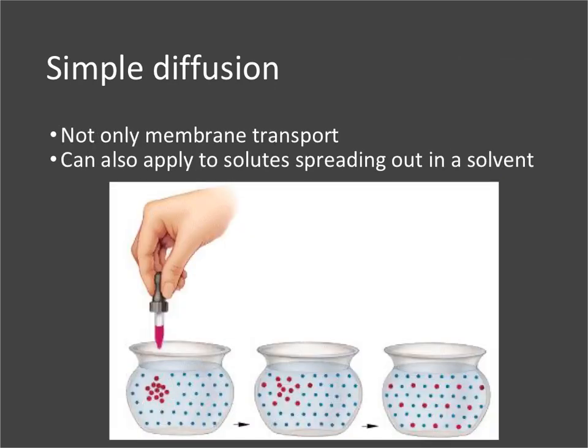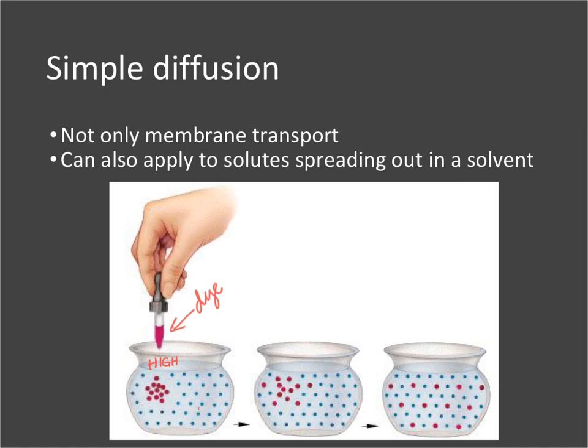As I mentioned on a previous slide, simple diffusion does not have to happen across the cell membrane. It can also refer to solutes just spreading out in a solvent. So in this example here, we have some sort of dye that is being added to a liquid. The area where this dye is added is a high concentration area.